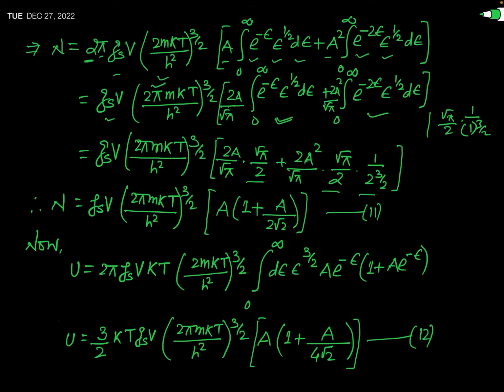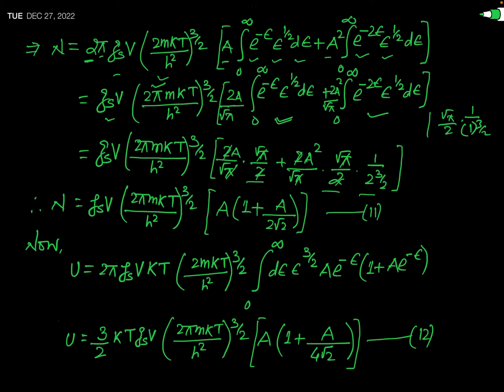Okay, and you can see this root pi and root pi will cancel, this 2 and 2 will cancel. Okay, so why I have multiplied by this factor 2 by root pi, now you can understand. This is for simplicity. Okay, so in the first term there is only a, and the second term is a square times 1 by 2 to the power 3 by 2.